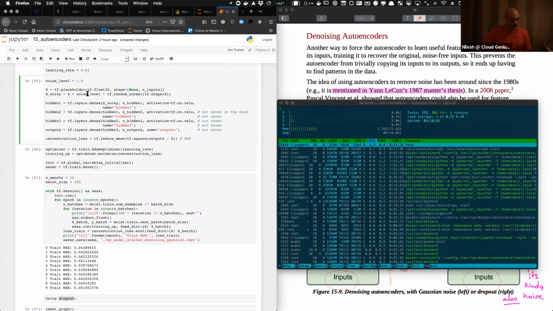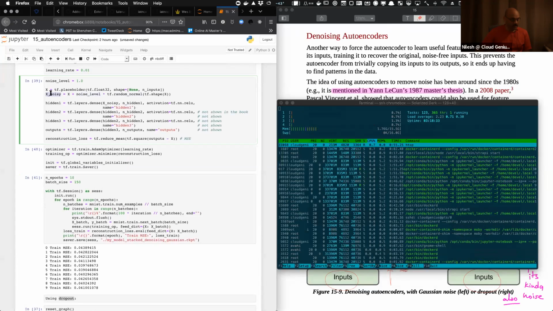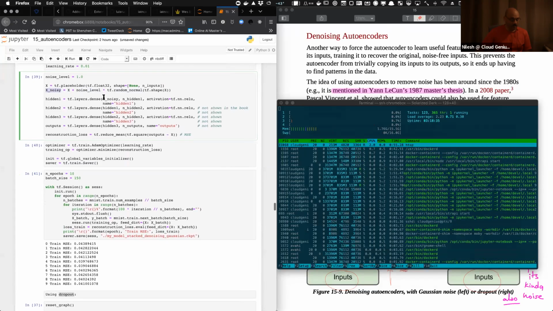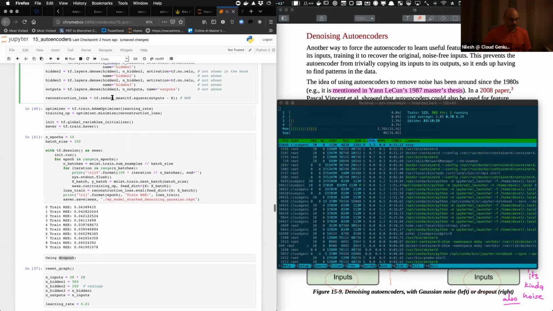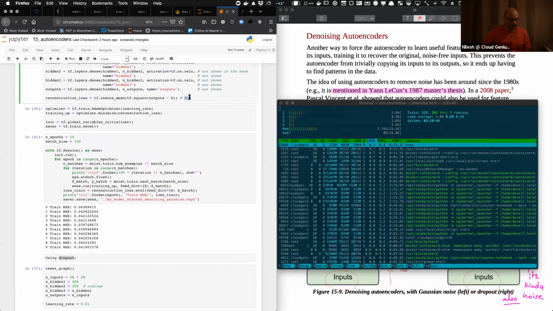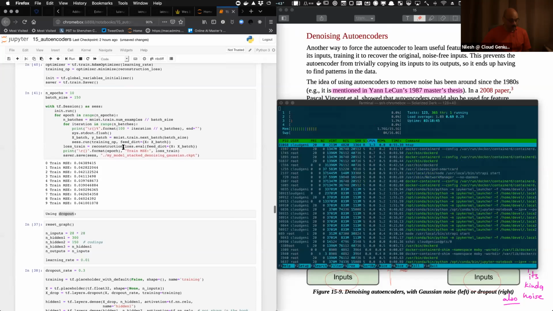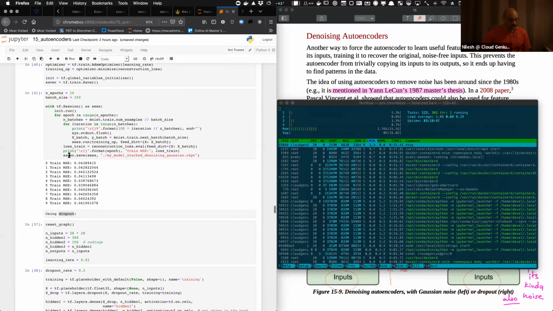I'm adding noise to the input to make it noisy input, and using the noisy input right there in the first layer, and then it goes all the way to the top to match the output, matches the input, minimizing the error function. And that's what this calculation leads with our saved state.